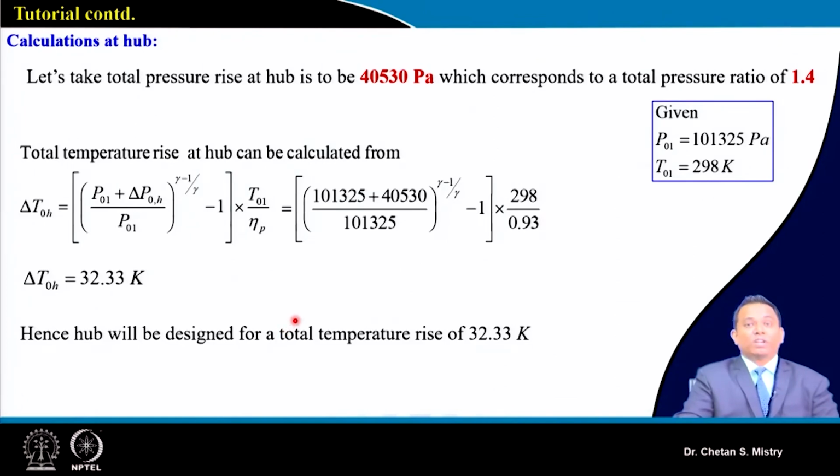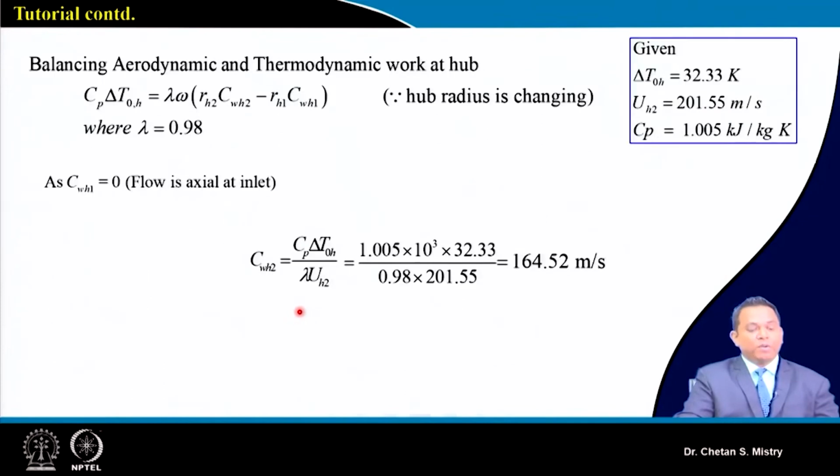Now this is very helpful for us in order to calculate different velocity components. So in line with what we have done at the mid station, we will be assuming our aerodynamic work and thermodynamic work to be the same at the hub station.